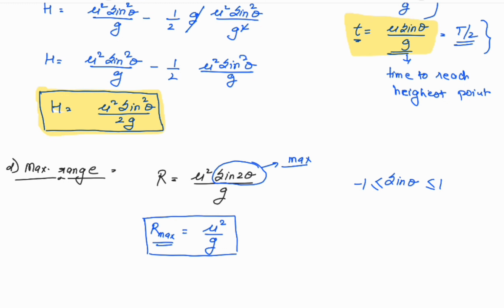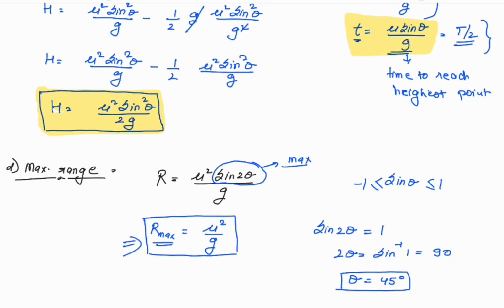Okay, at what condition did we get this formula? We got this formula when we have taken sin 2 theta as 1. It means 2 theta is sine inverse 1, which is equal to 90 degrees. It means theta is going to be 45 degrees. If we are throwing our projectile at an angle of 45 degrees with initial velocity of u, you will get this much range.